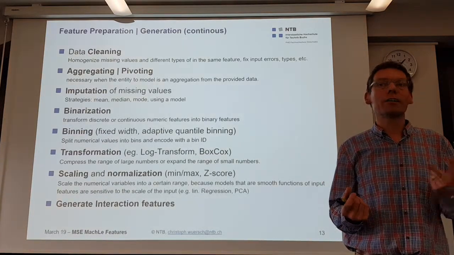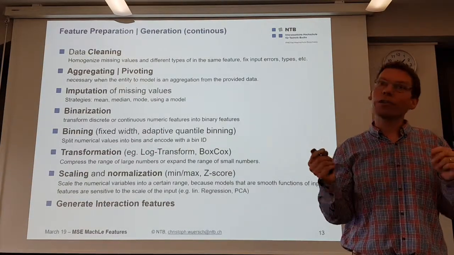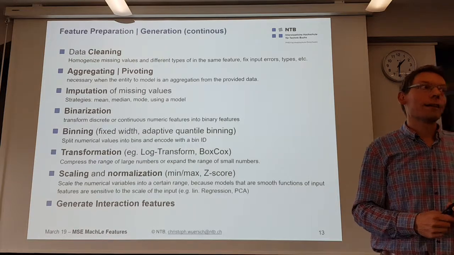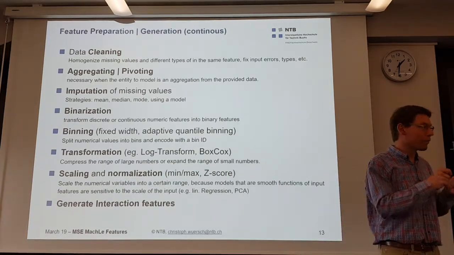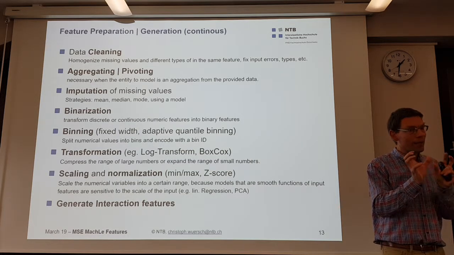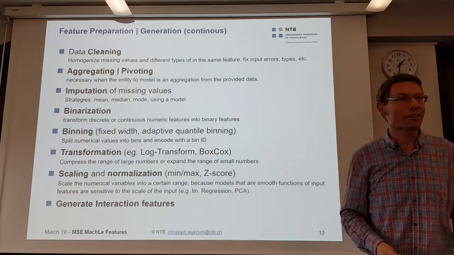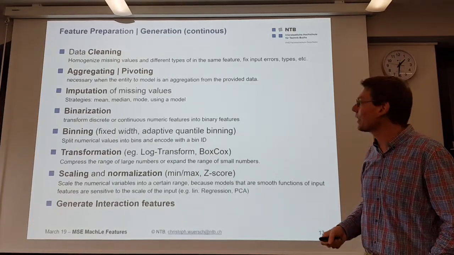Then you can generate 3 bins, 3 classes, and you would bin all the ages into these 3 classes, and the task is no longer to make a regression for the age, but rather a classification for this lifetime period.